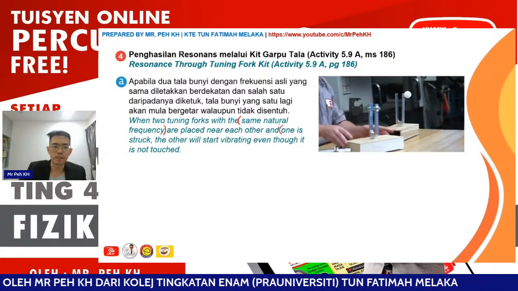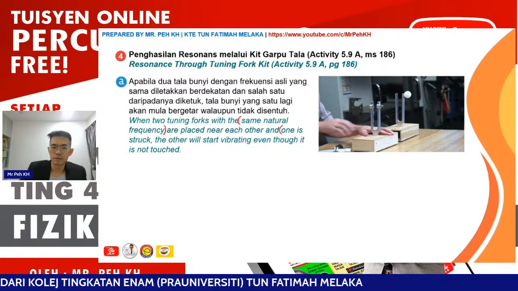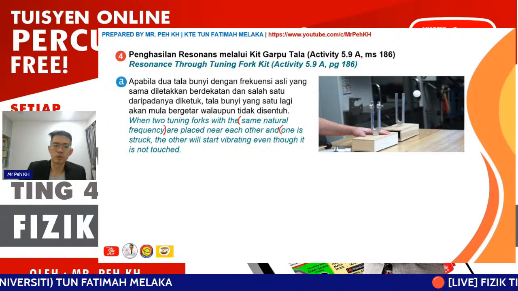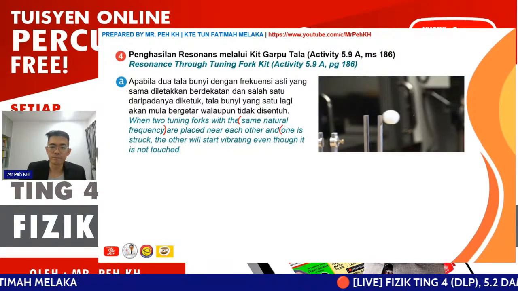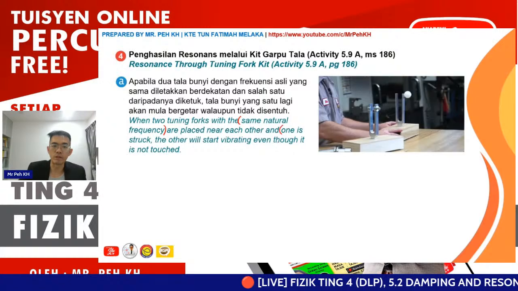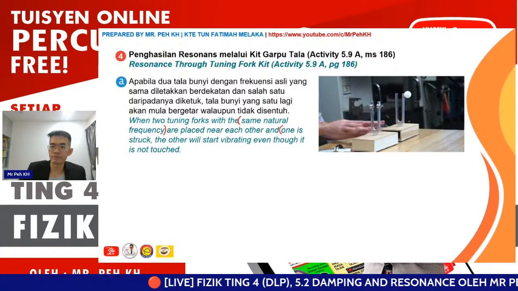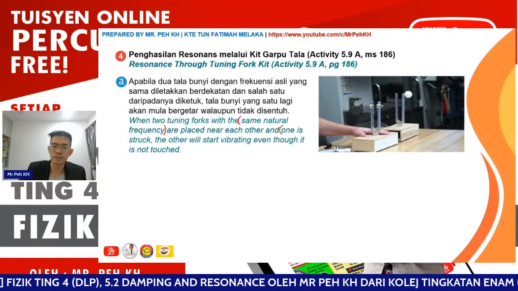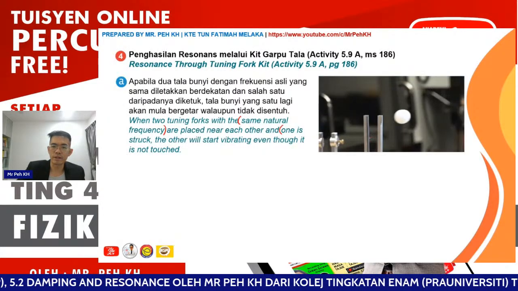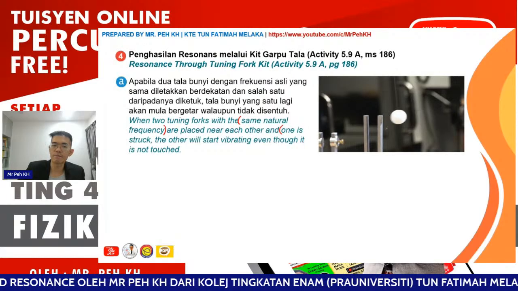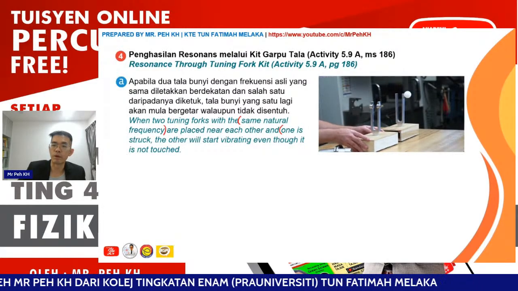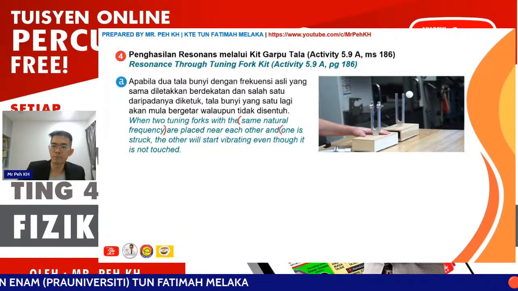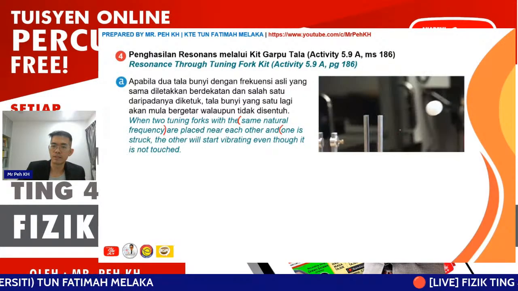One of the tuning forks will be struck. You can see the other tuning fork will vibrate, right? The first tuning fork is struck. However, the second tuning fork will vibrate together with the same natural frequency.